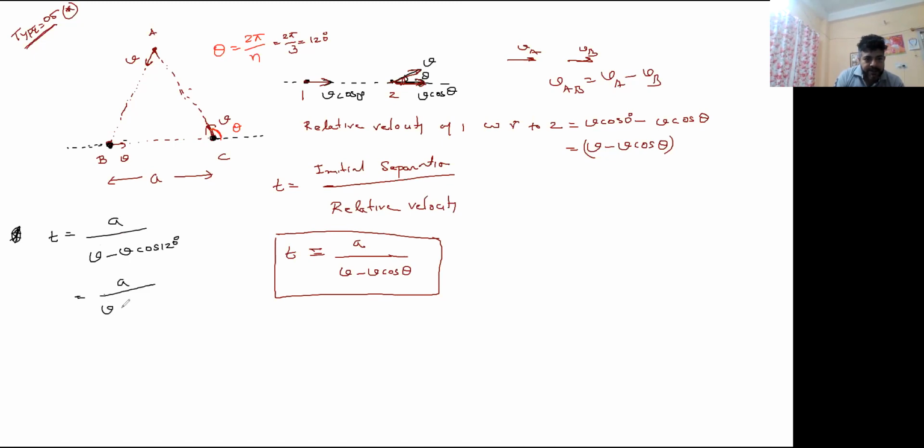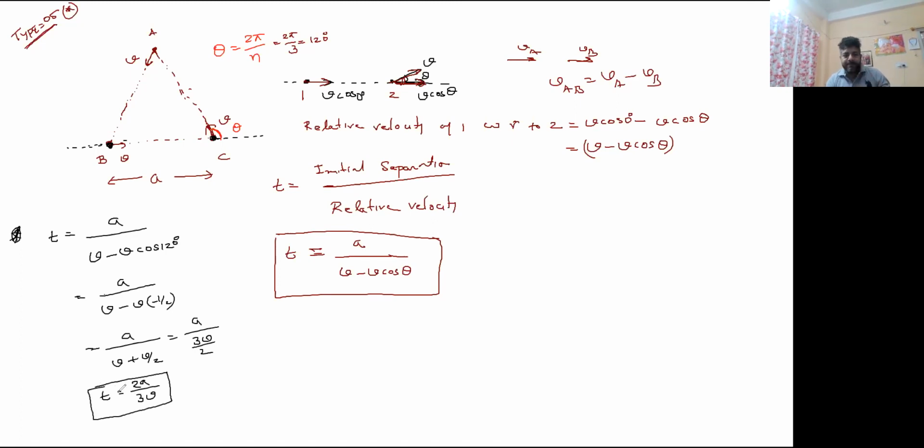A by V minus V cos 120 degree, minus half. That means A by V plus V by 2. That is A by 3V by 2. So T is 2A by 3V. Okay. Yes.